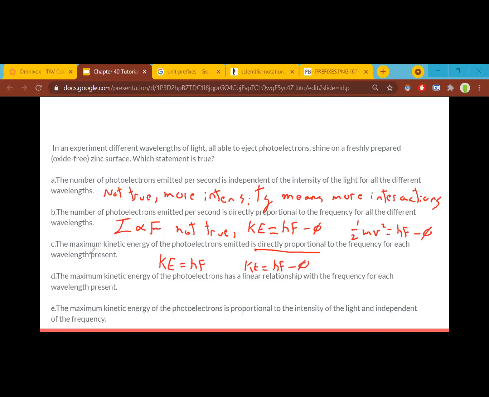D says the maximum kinetic energy of the photoelectrons has a linear relationship. Yeah, that's a linear relationship to me, so this is true. And E says that the maximum kinetic energy depends on intensity and is independent of frequency, and that's not true. That's what classical physics will lead you to believe. Okay, so yeah, the answer is D.